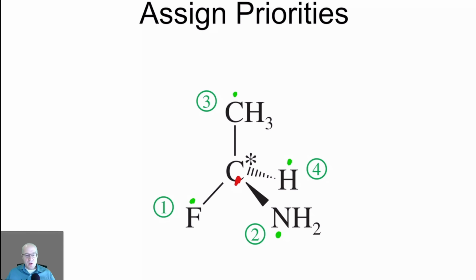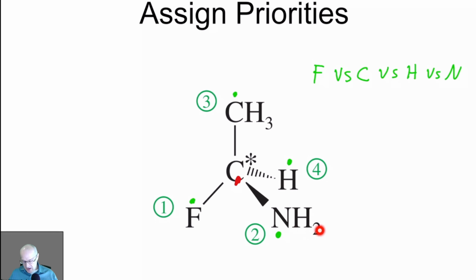So now I'm going to be considering fluorine versus carbon versus hydrogen versus nitrogen. I'm not considering entire groups, I'm just considering atoms. This is my chiral center, I jump out through the bond in all the directions of the bonds, one atom.